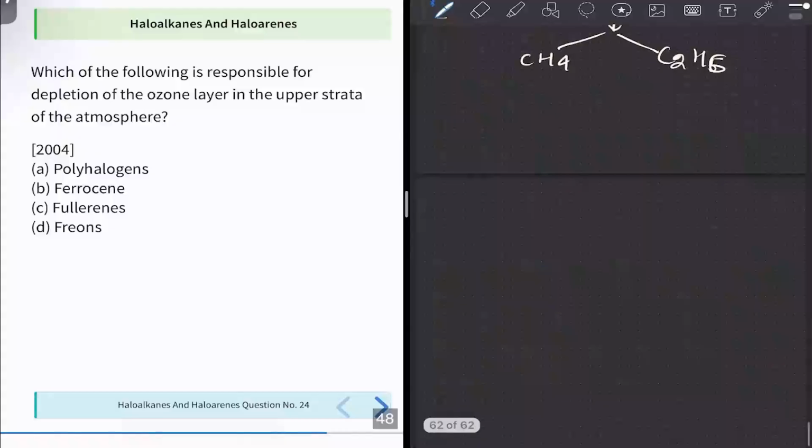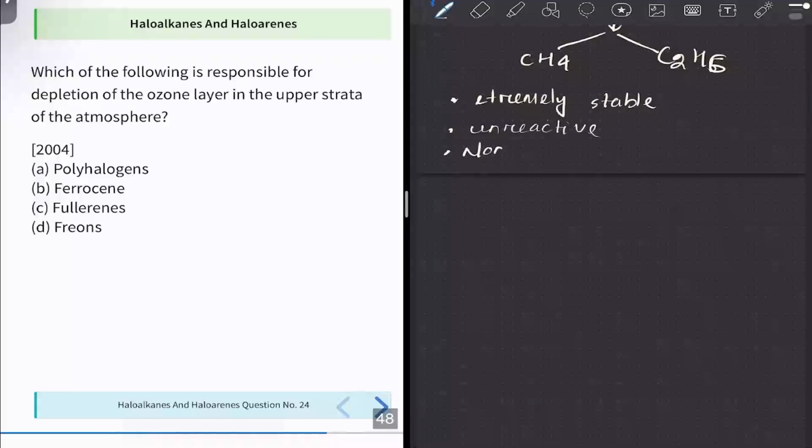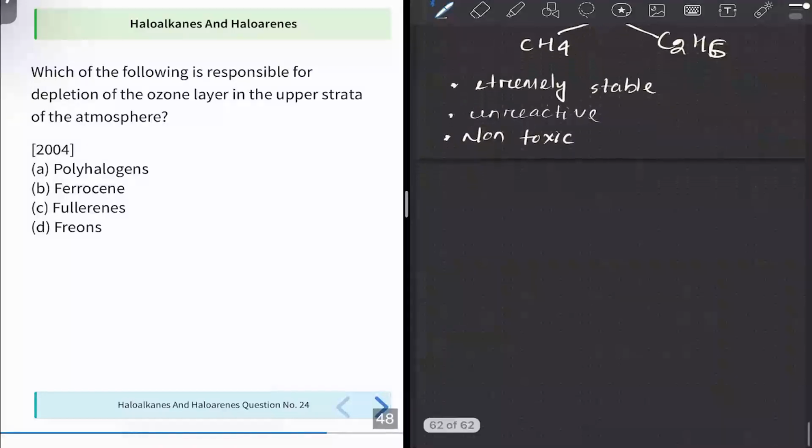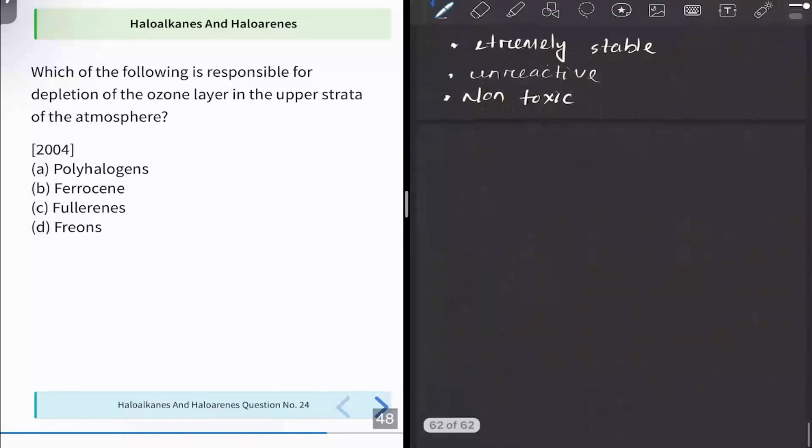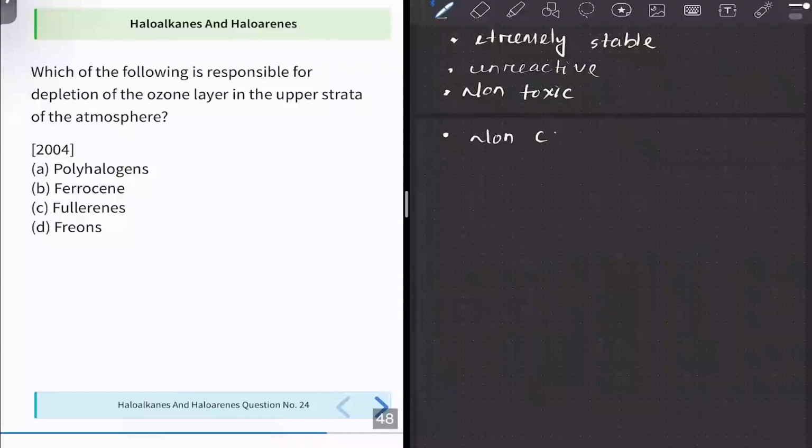What are the properties of freons? They are extremely stable, unreactive, non-toxic. They are directly non-toxic to us, but indirectly they are toxic by depleting the ozone layer. Non-corrosive and easily liquefiable. These are some properties of freons.